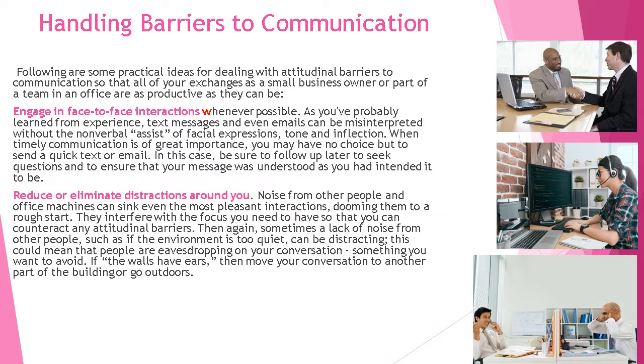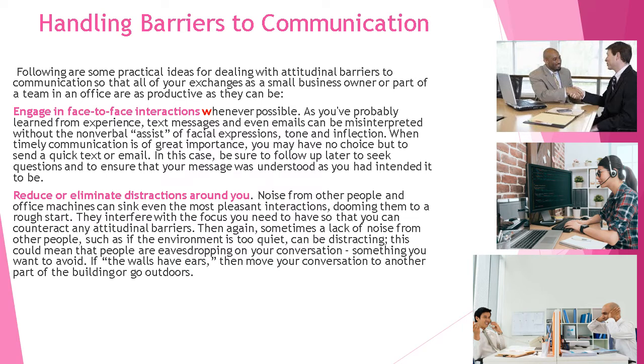Next is reduce or eliminate distractions around you. Just like if any teacher is teaching in the class and you people are talking, then the teacher is distracted and she asks you to be quiet. Similarly, when there is effective communication and noise from other people or office machine is coming, then it may sink your pleasant interaction.